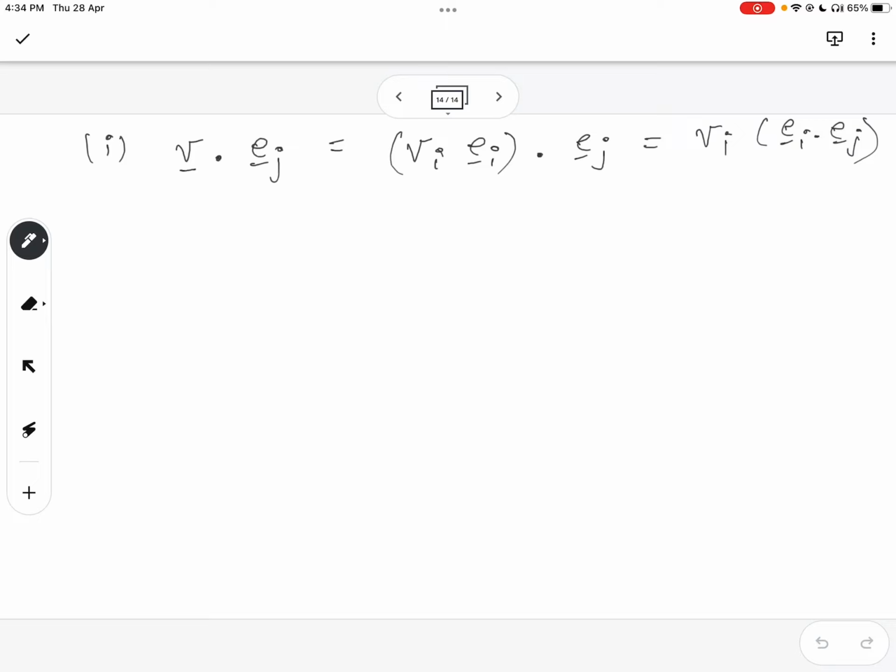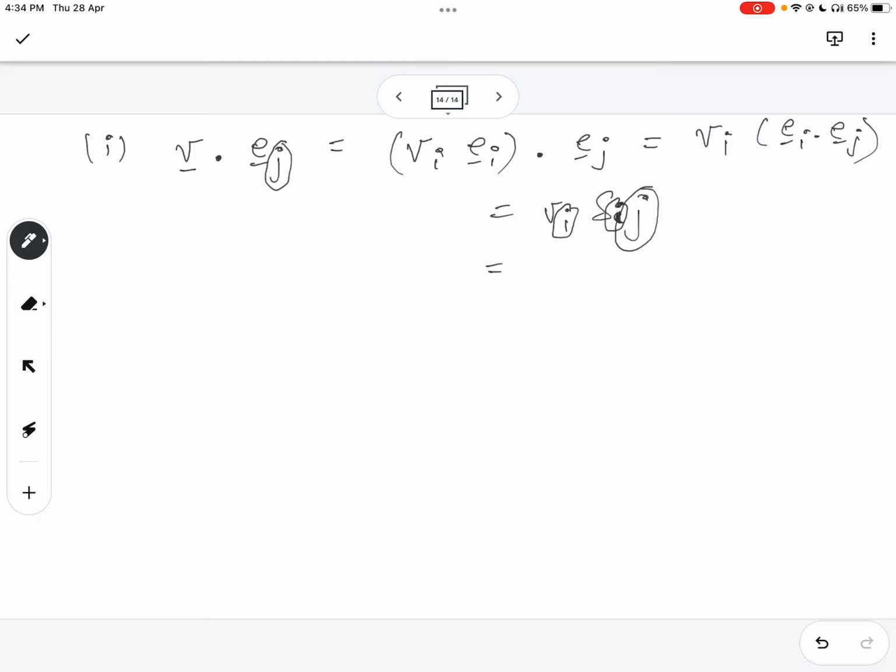And as we had defined earlier, using the Kronecker delta, EI dot EJ can be written as delta IJ. What does this mean? So now here we see that J is a free index as it exists on both sides of the equation, and I is the repeated dummy index.